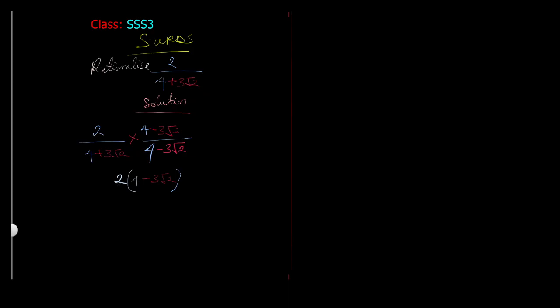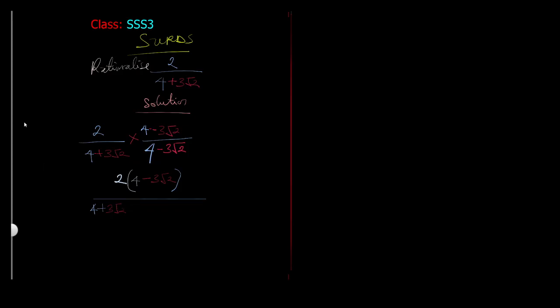And then for the denominator, in which we are asked to rationalize, it's just going to be everything here times everything here. So we bring it down like that as well: 4 plus 3 root 2.